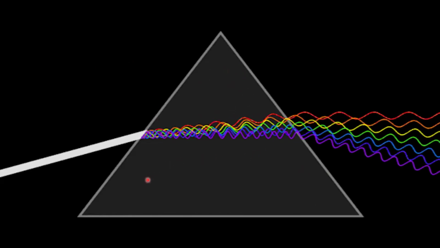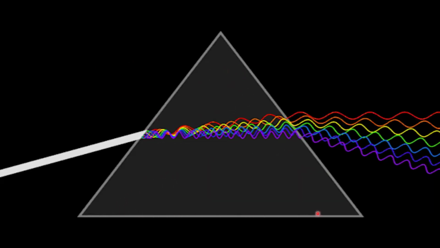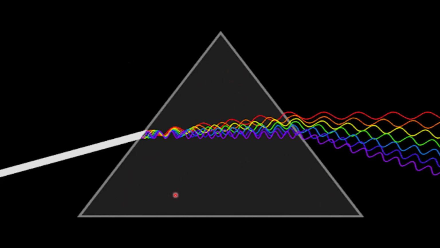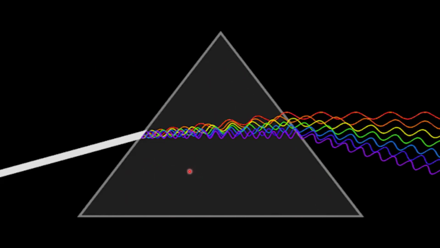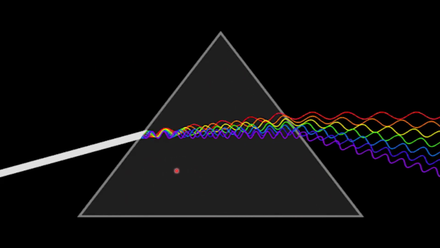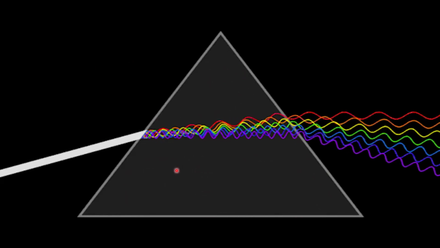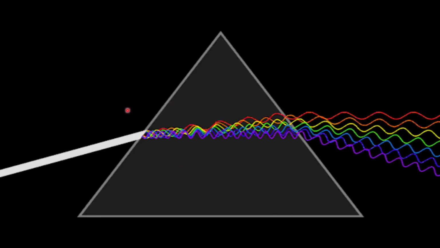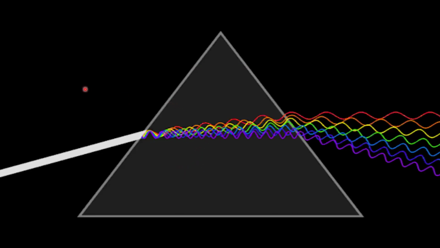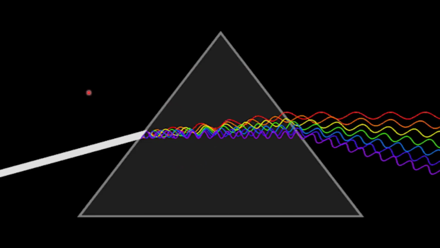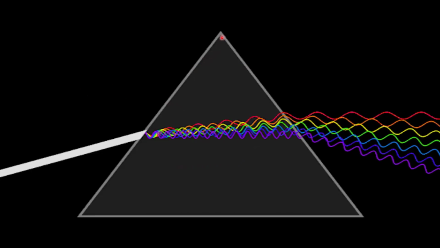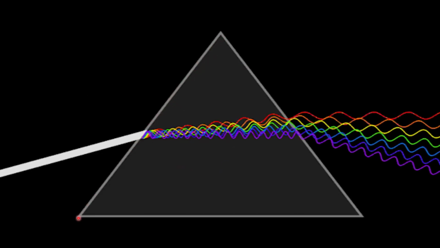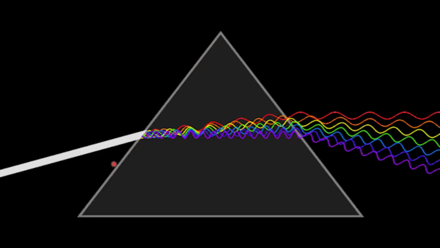Let's say the medium that makes up this area right here is glass, and let's say that the medium on this side is air. And over here where the air meets the glass, that line, we're going to call an interface.